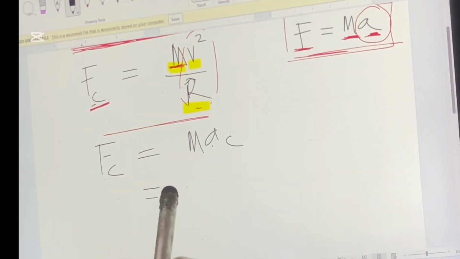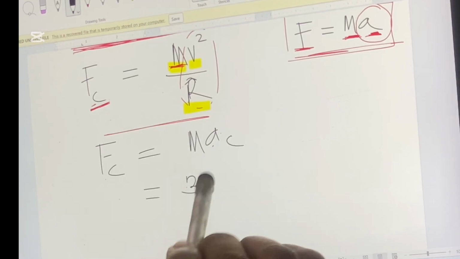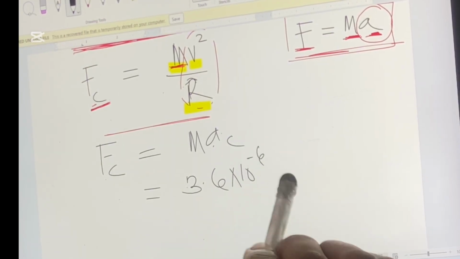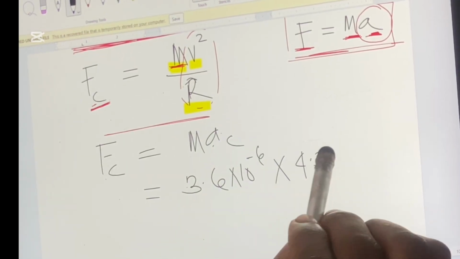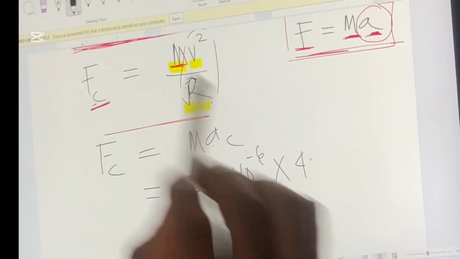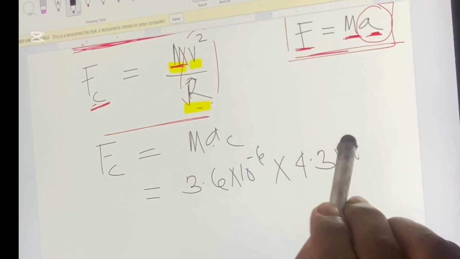So now let's replace our values here. So mass is 3.6 times 10 raised to the power of minus 6 times centripetal acceleration, which is 4.3 times 10 raised to the power of 7.